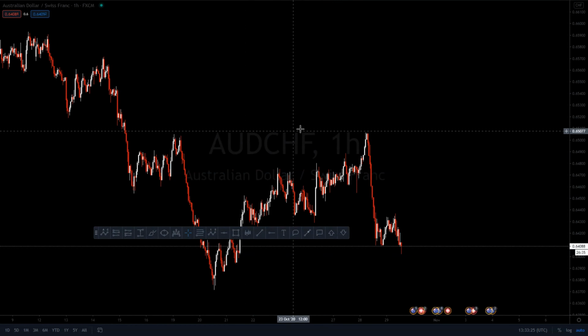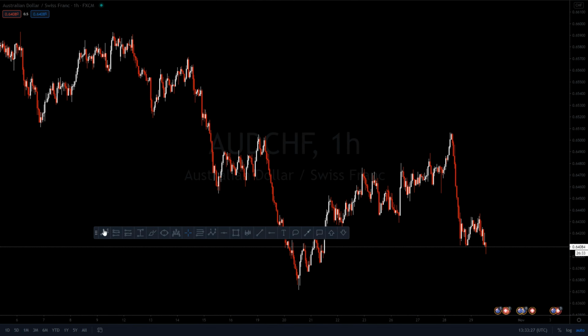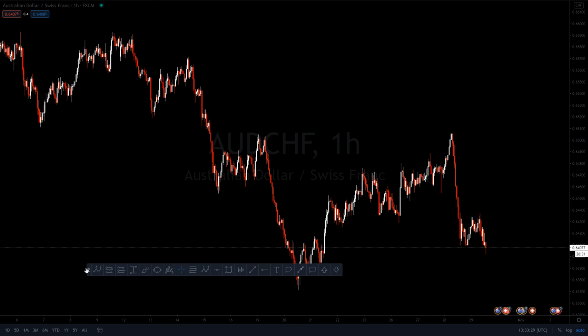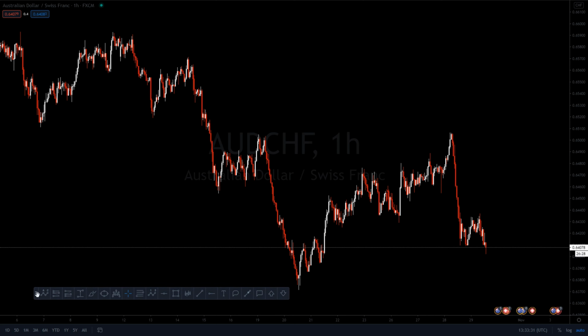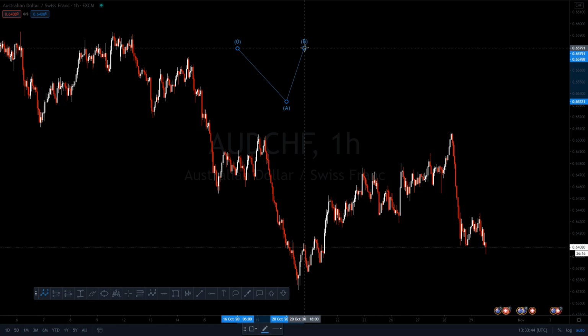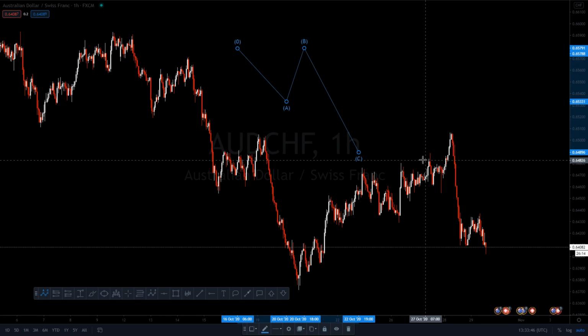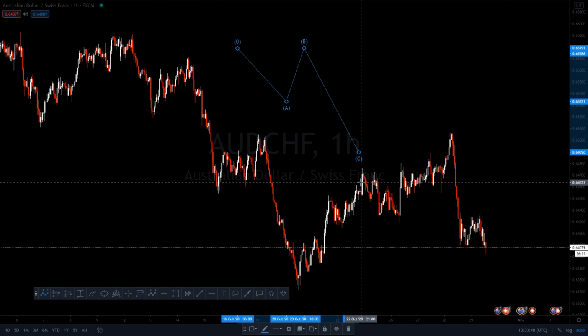So right here, this is AUDCHF 1 hour time frame, and I'm going to first of all show you what Elliott wave theory is, but I will not get into details of that. I will just give you some idea of what I mean by Elliott wave theory. Right here we have what we call the ABC pattern, or you can call it 1, 2, 3.